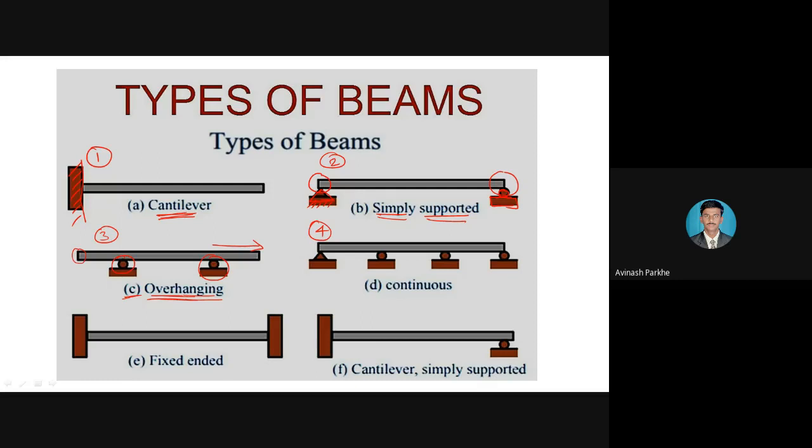Okay, now the fourth beam, number 4 or D, is called a continuous beam. What is meant by the continuous beam? Can anybody say, by observing this particular figure, what is meant by the continuous beam?